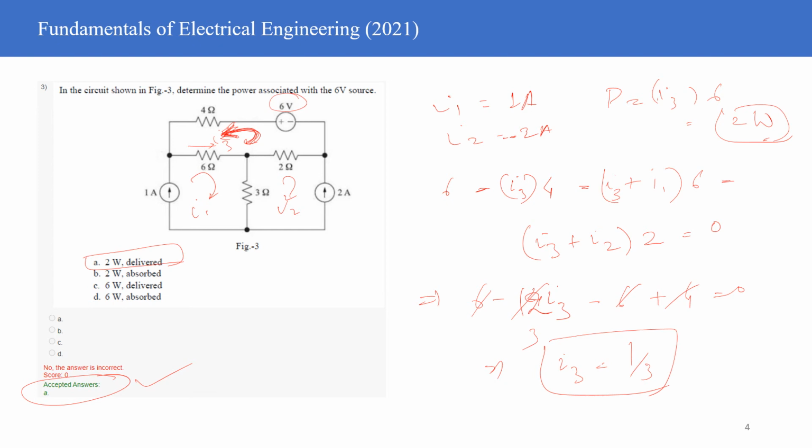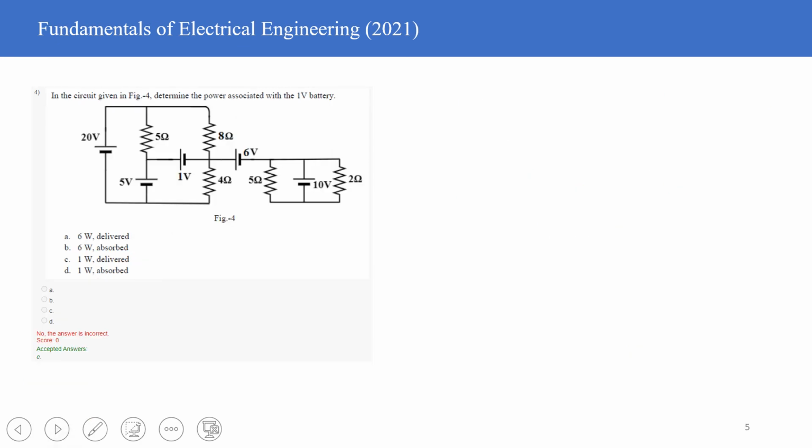You can do the same question by other methods like nodal analysis. It will be solved. The only thing is that it will take a little more time and effort. But time is critical during examinations, so you need to figure out the simplest approach, which will come only when you practice.